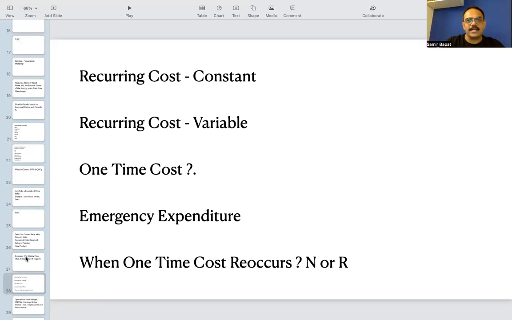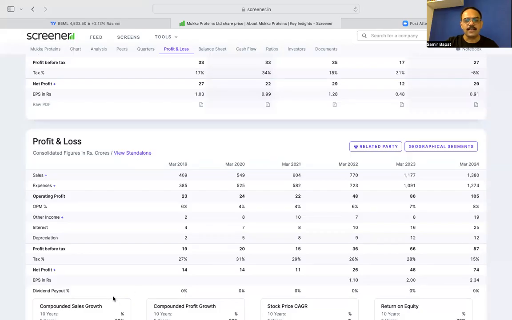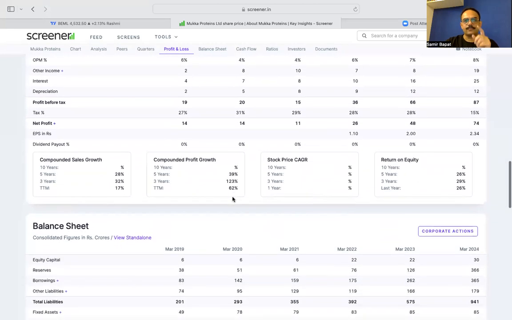So coming to sales and expenditure, the first thing we want in a good company is that year over year sales should be increasing. You can find this year over year sales improvement here. Let's say we have shortlisted a few companies and then we come here.